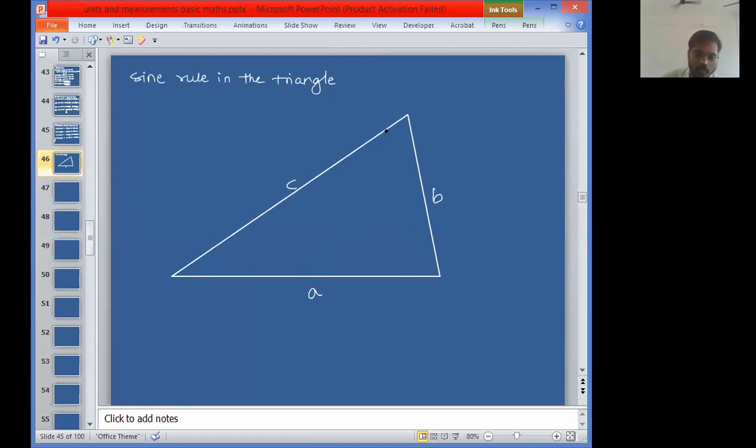Now the angle opposite to side A, let us call it alpha. The angle opposite to side B, let us call it beta. The angle opposite to side C, let us call it gamma. Let's draw gamma like this.